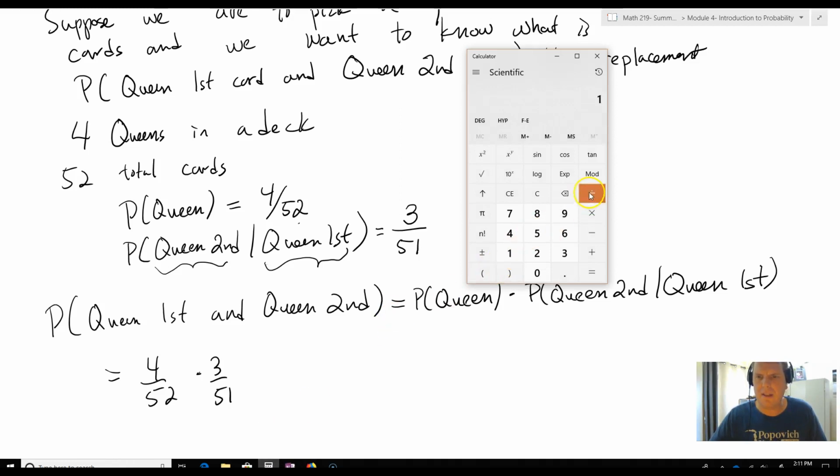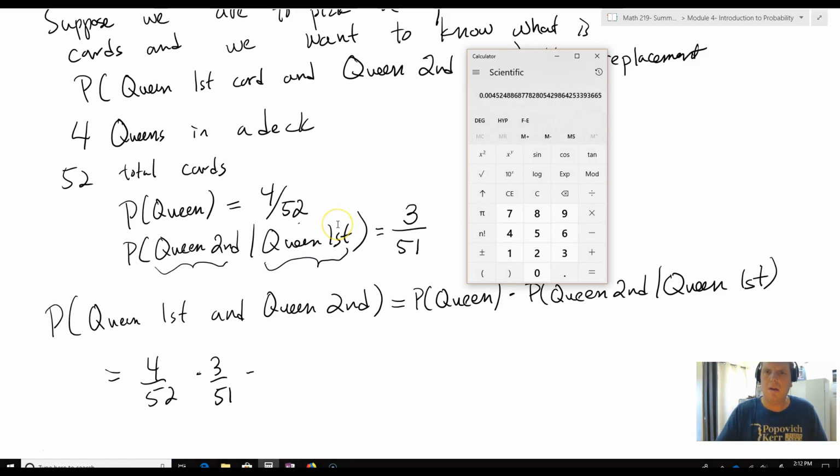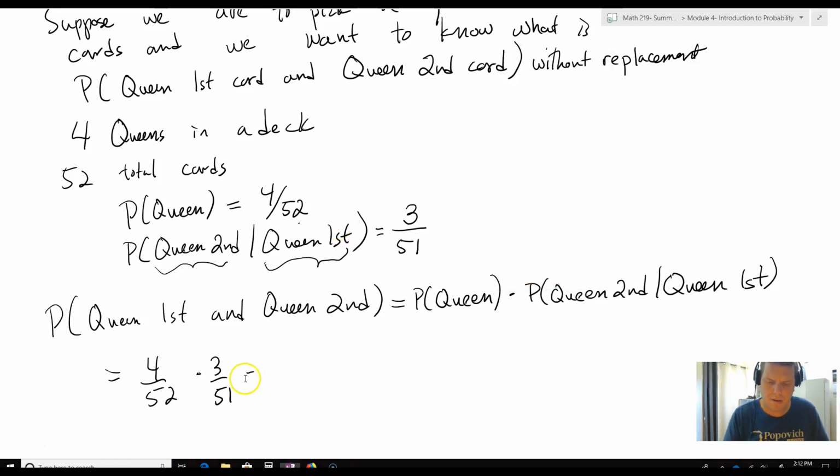That's 1/13 times 1/17. And so that ends up equaling approximately 0.005.